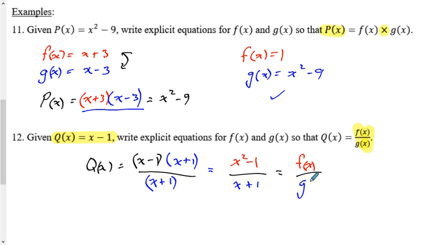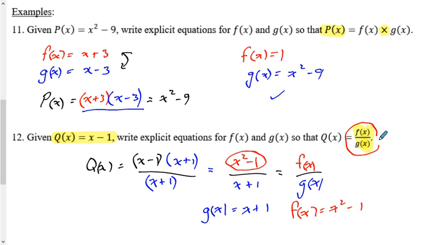So is g of x x plus 1? Yes, it is. Is f of x x plus 1? No. f of x is x squared minus 1. This entire function has to be my f of x function because of how this is written here. My entire numerator is that f of x function.